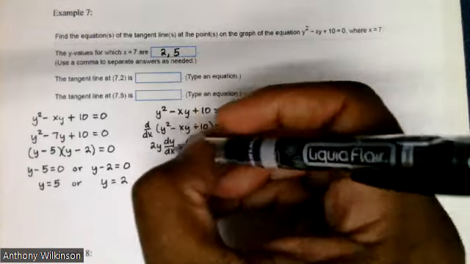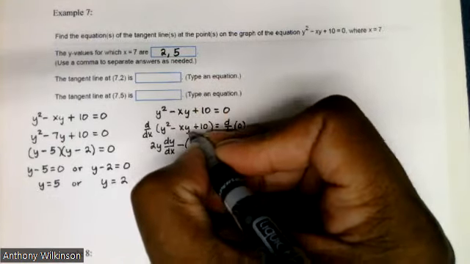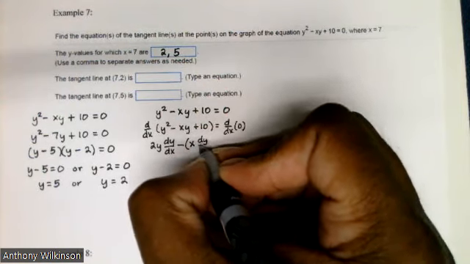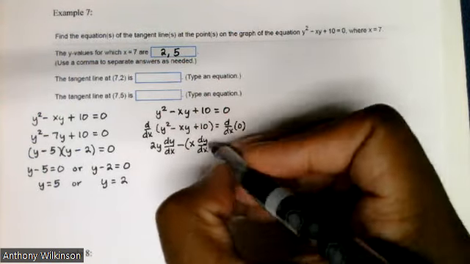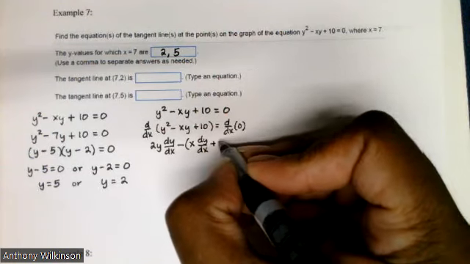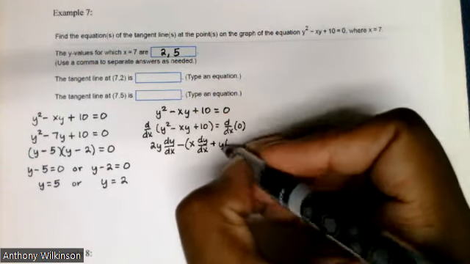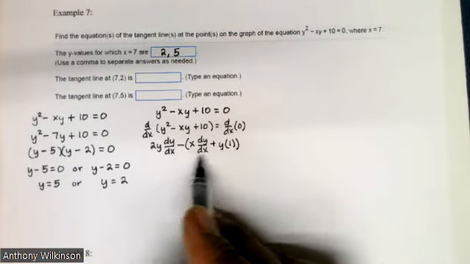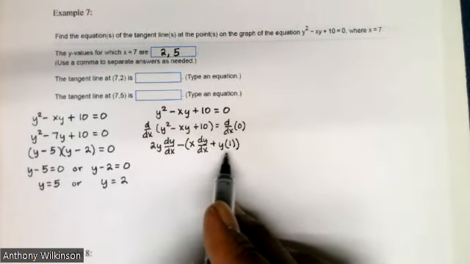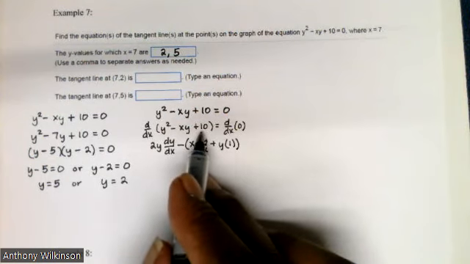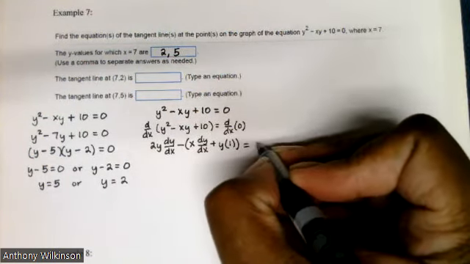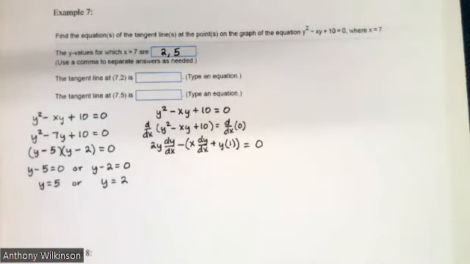And that's this: the first, which is your x, times the derivative of y, but of course, we need dy/dx since we're taking the derivative of y, plus the second, which is your y, times the derivative of x, which is 1. And notice I'm putting this in parentheses here. The derivative of 10 is just going to be 0, equaling the derivative of 0, which is 0.